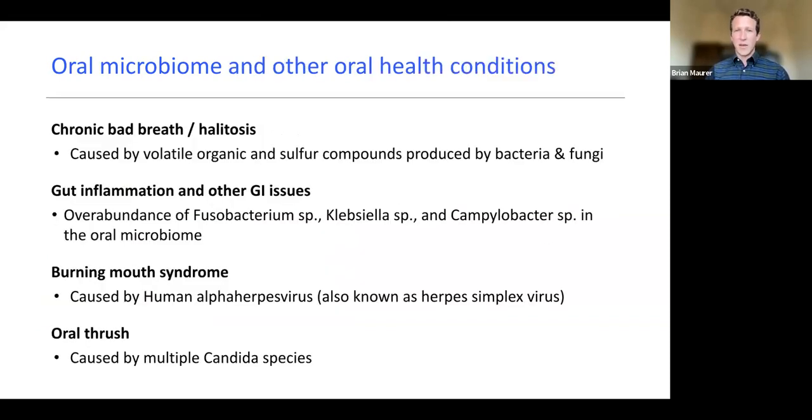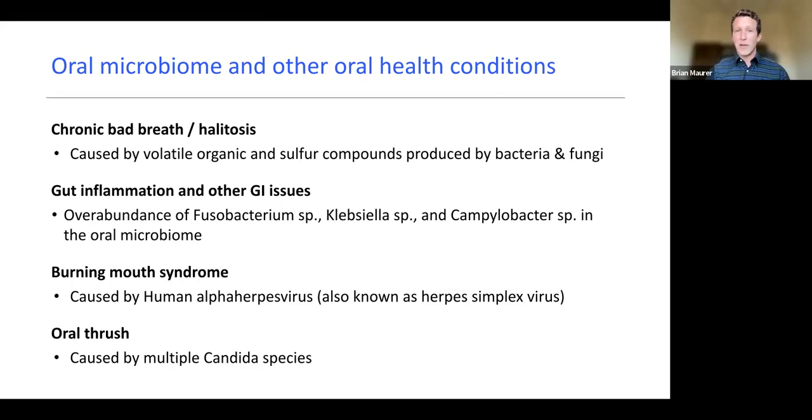But it's not just cavities and gum disease. We see an imbalance of certain oral bacteria connected to other conditions like chronic bad breath or halitosis, where these bacteria will release volatile sulfur compounds. Or if we look at things like gut inflammation, we can see species like Fusobacterium nucleatum and Campylobacter can translocate to the gut and are associated with conditions like IBS, IBD, and Crohn's disease.